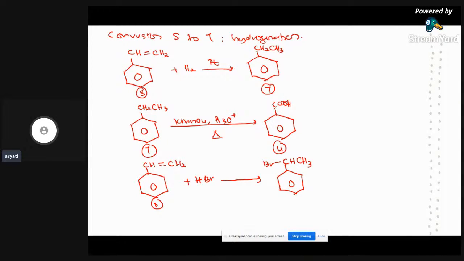Okay. Kemudian kita ada S produce W and methanol when undergo ozonolysis.